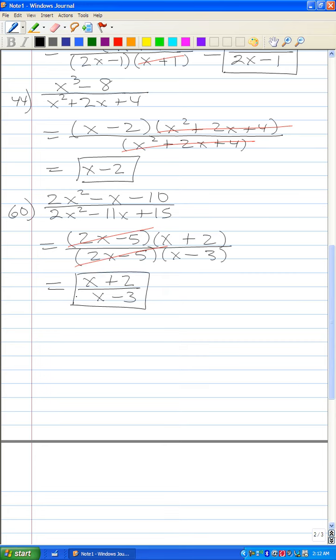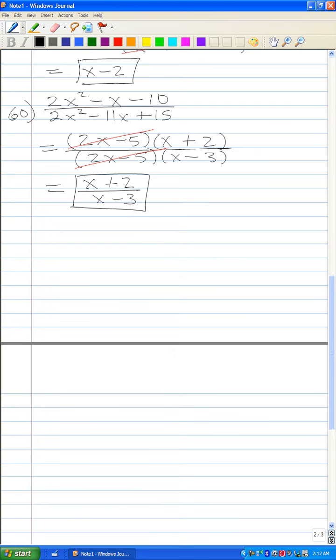Let me do problem number 64. x squared minus 3x plus 2 over x squared minus 4x plus 3. Well, each of these are monic polynomials, so they're fairly easy to factor. So let me just put down x. I have got a minus times plus is minus, so these are both minuses.